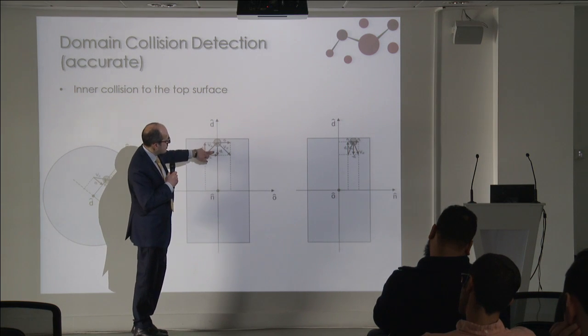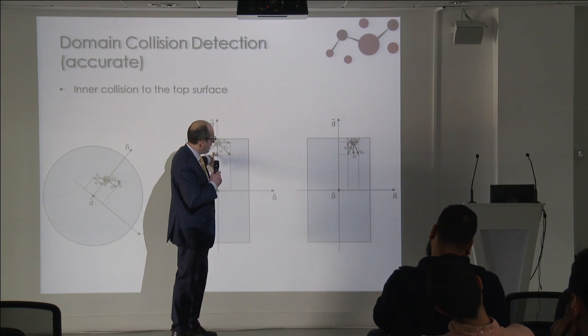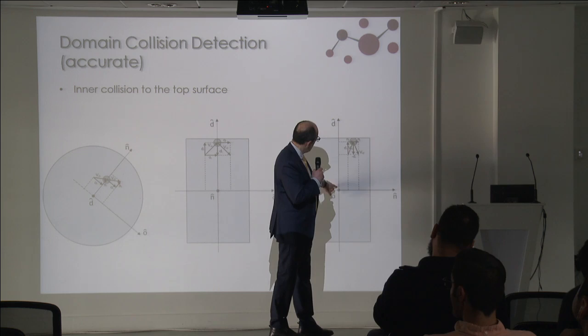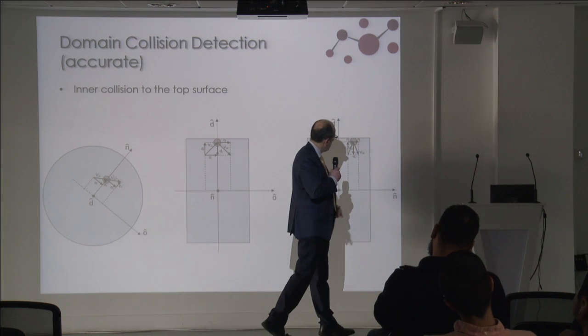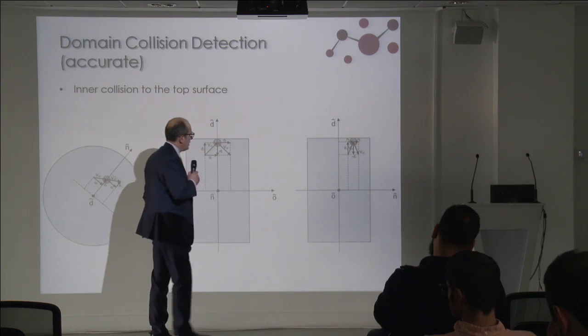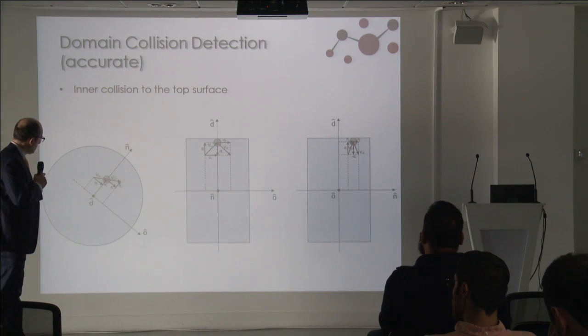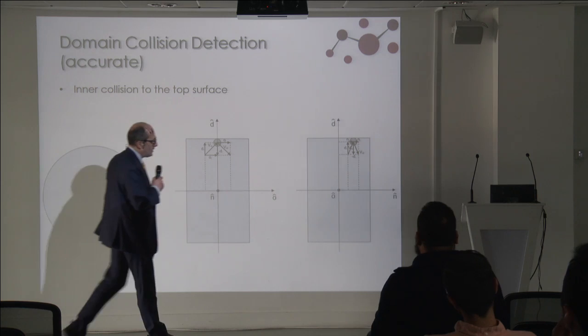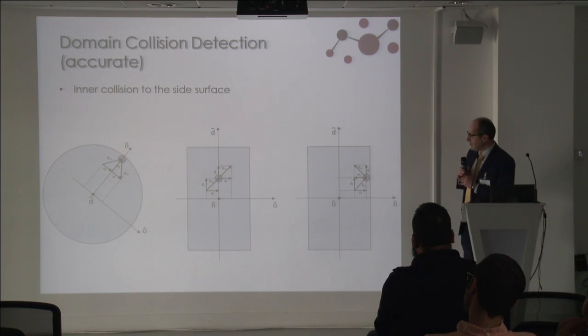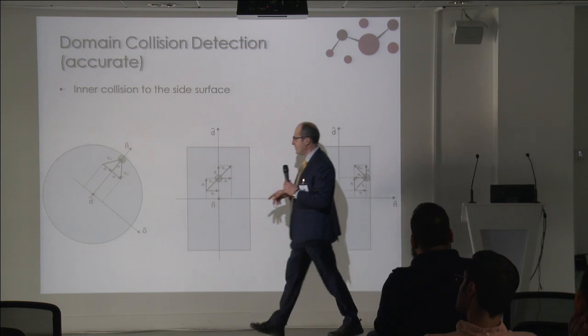in the d direction, and the same behavior can be observed if we consider the plane made by d hat and n hat. Again, the normal component changes its direction. And the same thing can be done by considering the side surface.